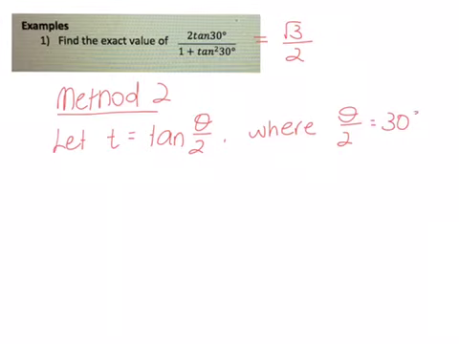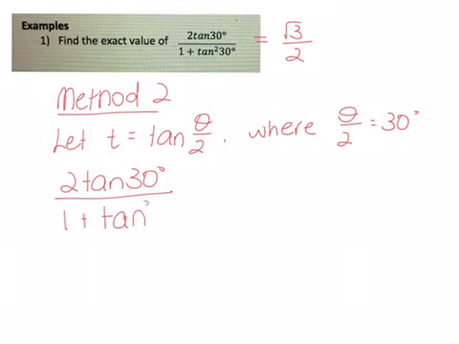So now we can rewrite the expression that 2 tan 30, or tan theta on 2, on 1 plus tan squared 30 is therefore equal to 2t on 1 plus t squared.